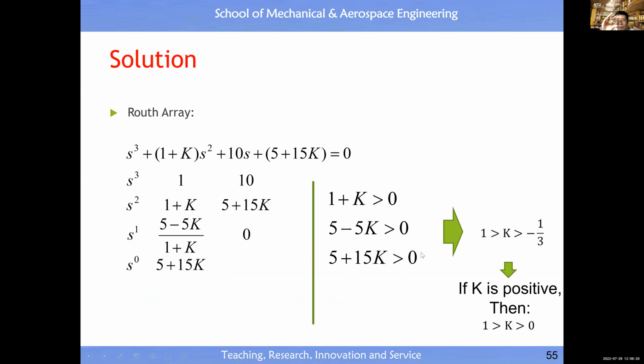From these 3 conditions, immediately you know K must be smaller than 1 from this one, and K must be greater than negative 1/3 from this one. Since the question tells you K is positive, then K can only be a value between 0 and 1. Then you tell your customer, choose a value K within the interval between 0 and 1.